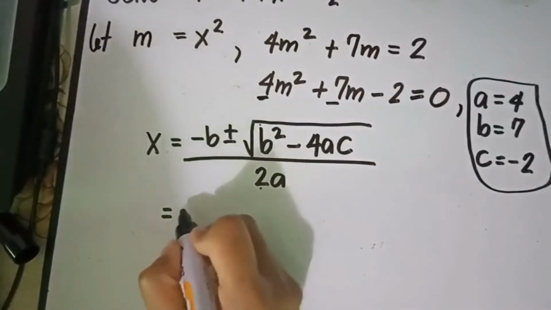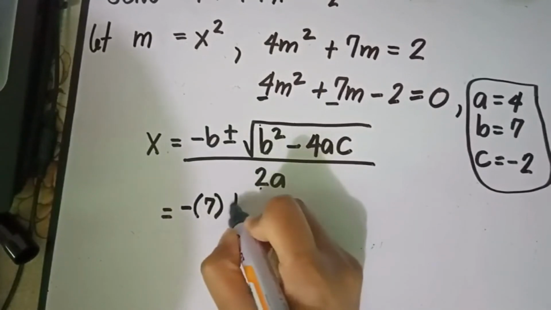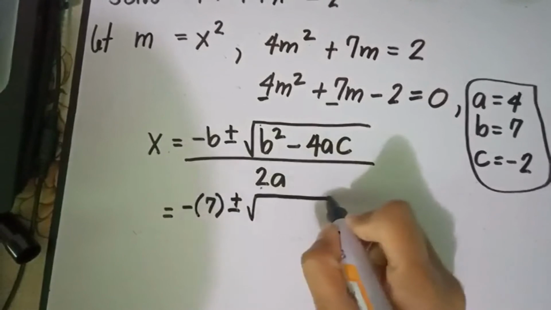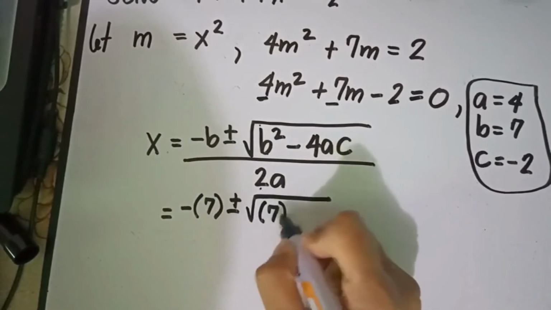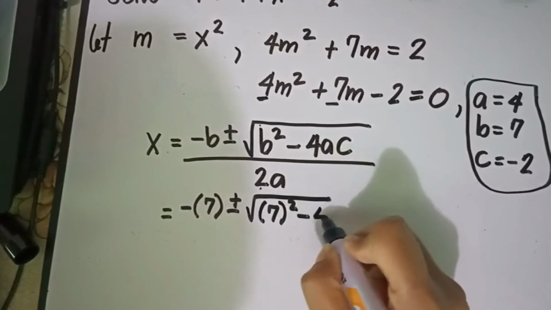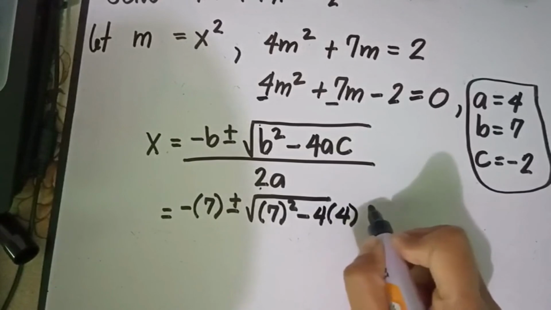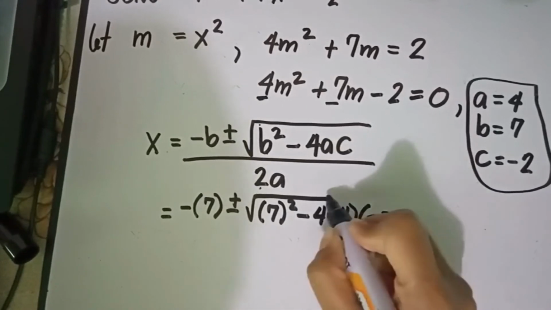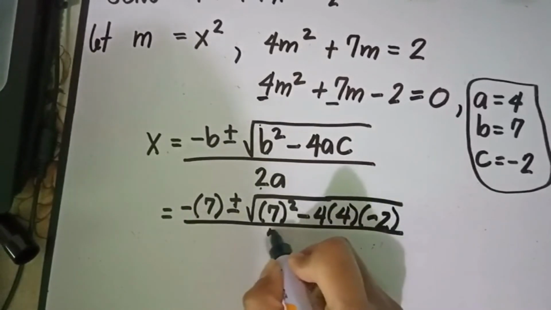So, therefore, we have negative B plus and minus the square root of B squared minus 4 times A times C all over 2A.